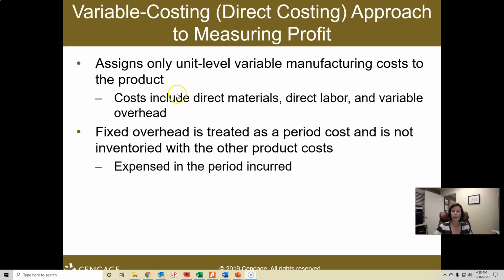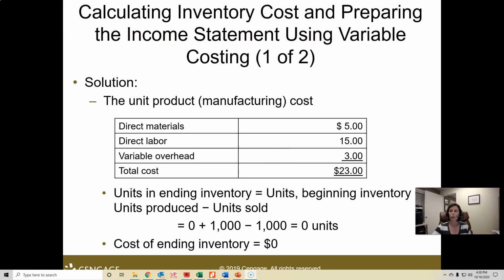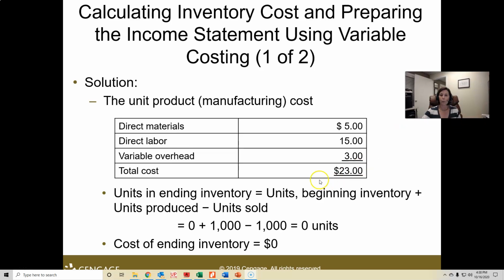Now let's look at this from a variable costing method, which again, is not GAAP compliant. You can't use it to prepare your financial statements. But now we're just going to assign the direct and variable overhead costs to the individual products, but not the fixed overhead. So now we will look at what this has done to our product cost.